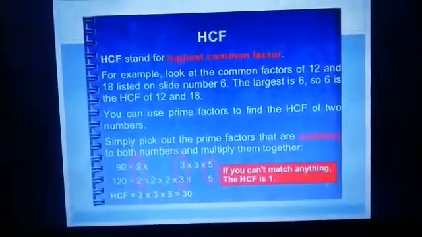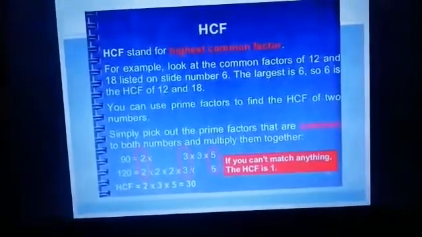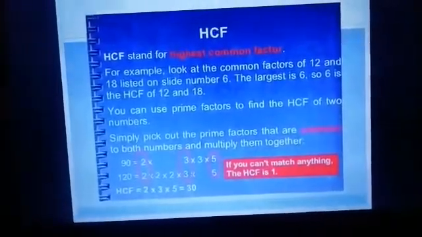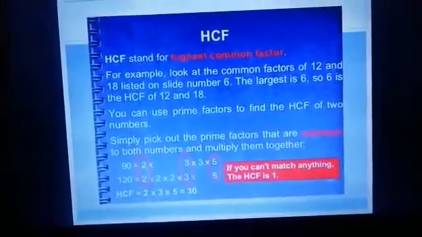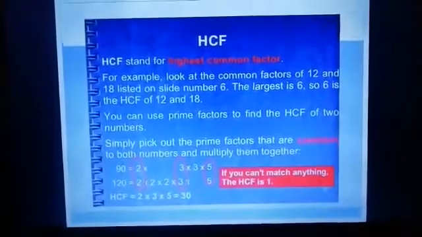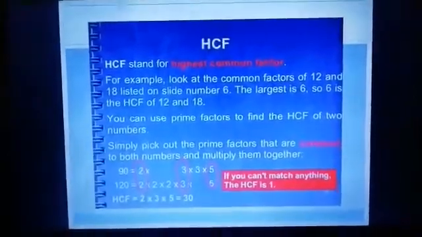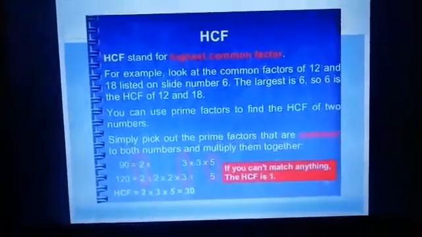You can easily understand if we have 90 and 120, and I am writing the prime factors of 90, that is 2 into 3 into 3 into 5, and 120 equals 2 into 2 into 2 into 3 into 5. So we will see the common factors 90 and 120 have, that is 2, 3 and 5 only.